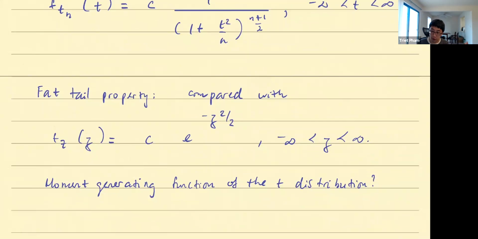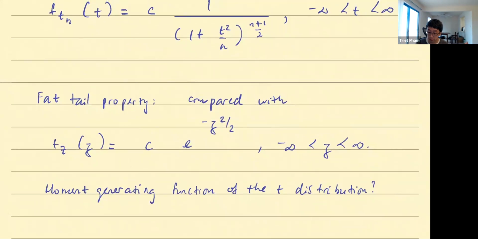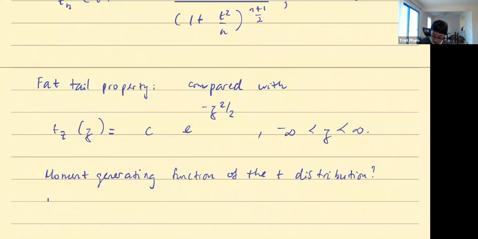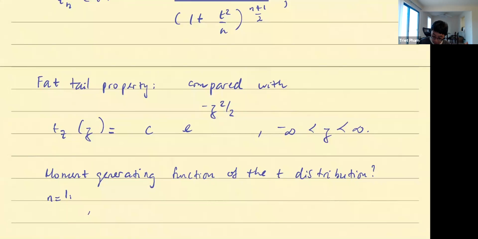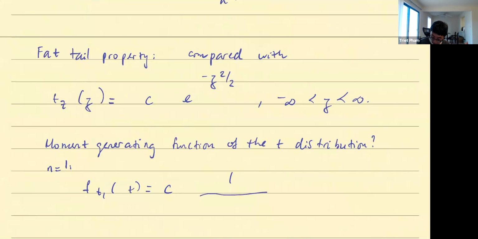So before we even answer that question, let's just look at the t distribution with 1 degree of freedom. If we have a t distribution with 1 degree of freedom, it will look like this. Sorry, not square root, right?